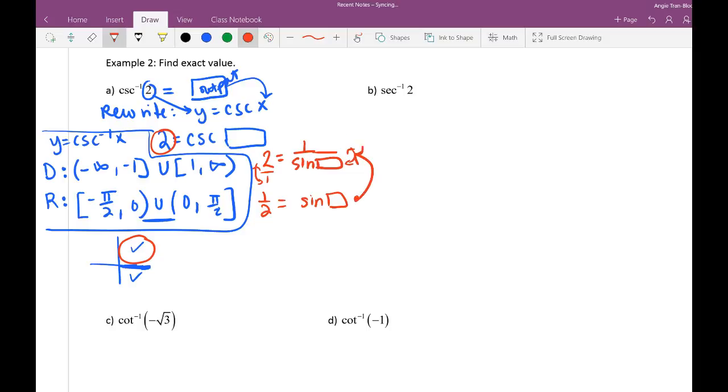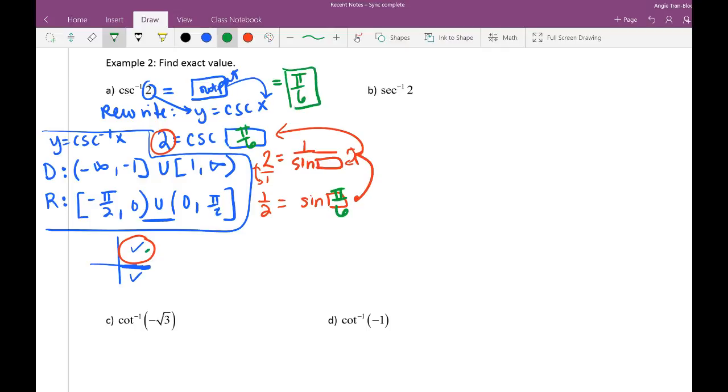So sine of what is 1/2? Did you say pi over 6? Yay! That is true. Sine of pi over 6 is 1/2. So this box now gives pi over 6. So cosecant inverse of 2 is pi over 6.